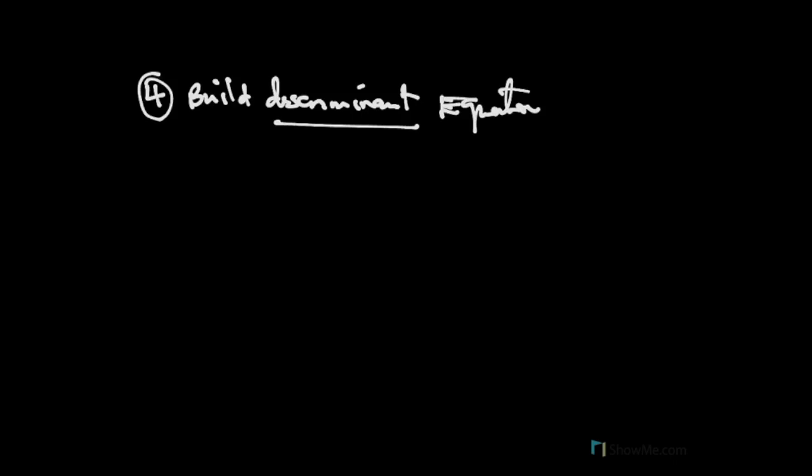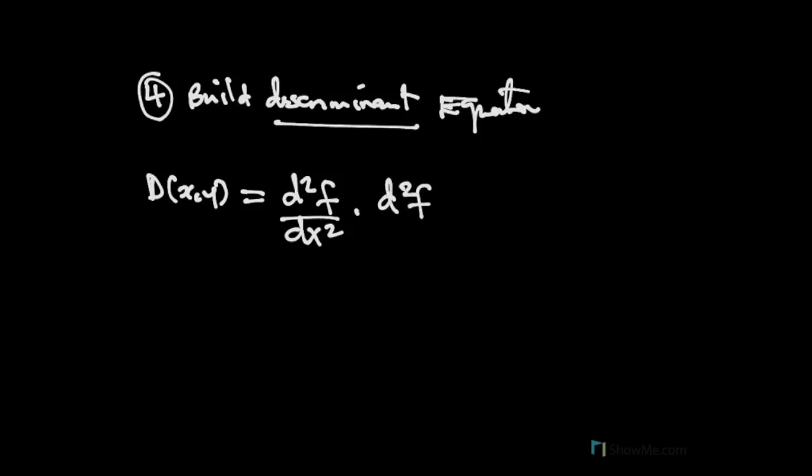We build the discriminant equation. The meaning of this is just the determinant at these critical points. So D is equal to the double derivative of the function with respect to x times the double derivative of f with respect to y, minus the double derivative of the function with respect to x and y.